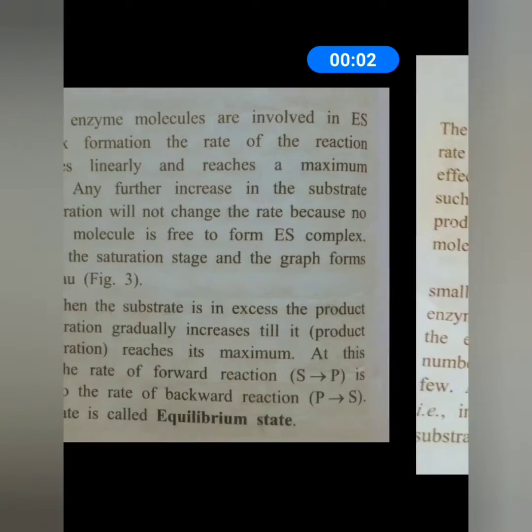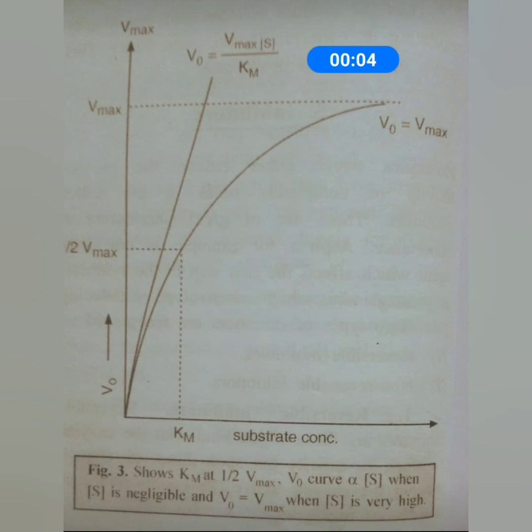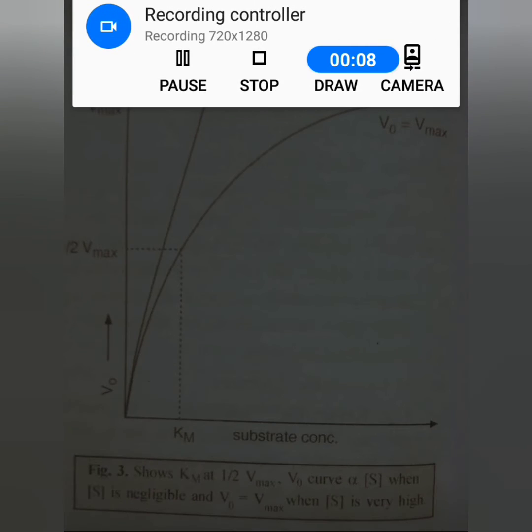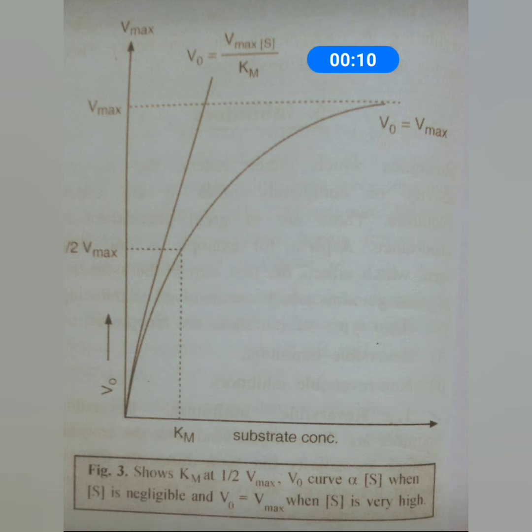To understand that, just take a look at this graph here. You see here the V naught, that means the initial velocity. When you add a small amount of substrate in that beaker, only a few substrates will bind to a few enzymes, while the rest of the enzymes will be free. So when you plot the graph, it will be this one.